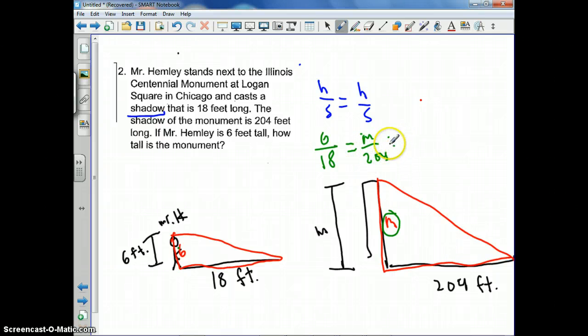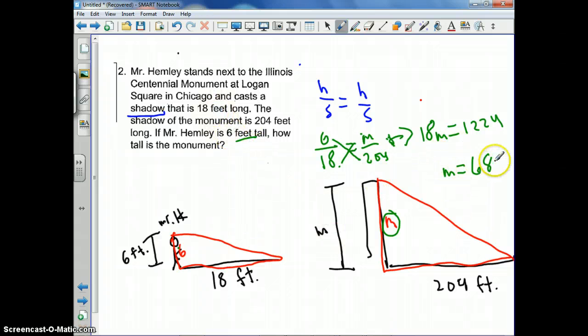Now you can just cross multiply. 18 times M is 18M. 6 times 204 is what? 1,224. And then what do we get when we divide both sides by 18? 68. And we're talking about what, feet throughout? Yeah, so it should be 68 feet.